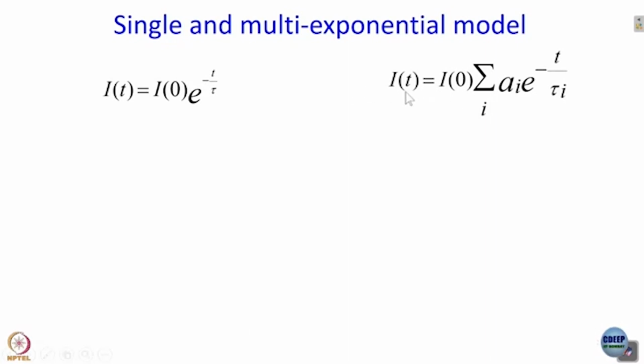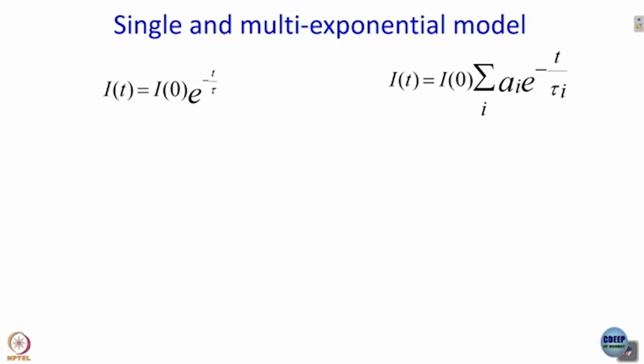I at time t after excitation is the same I at time 0, but now this is multiplied by not one exponential term, but rather a linear combination or weighted sum of several exponential terms. I can have several values 2, 3, 4, 5, 6, 10, 100, 200. In principle, it can have any number, and then you will have as many exponential terms and as many amplitudes. Square of amplitudes, as we know, gives the contribution.